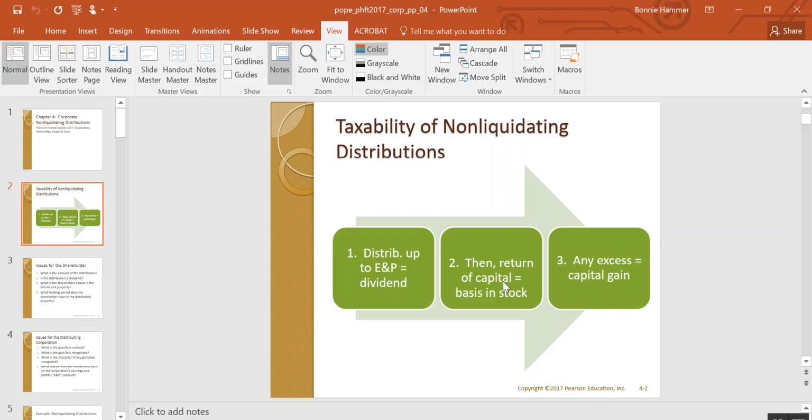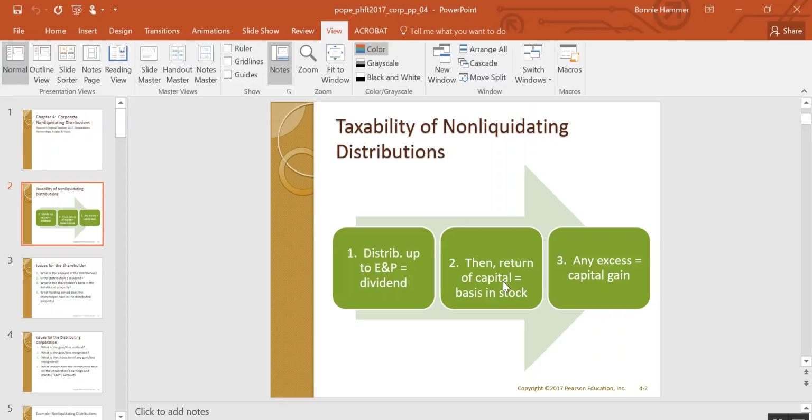If it makes a distribution of cash to its sole shareholder of $5, you first deem the distribution to come out of current E&P and then out of any accumulated E&P. So in this case, because there's current E&P of $10 and the distribution is only $5, the entire distribution of $5 of cash would be deemed a dividend to the shareholder.